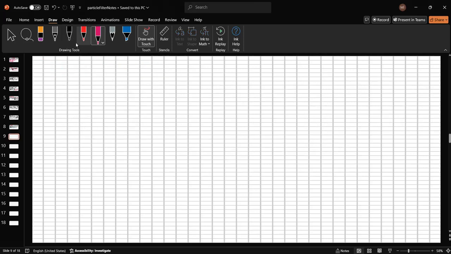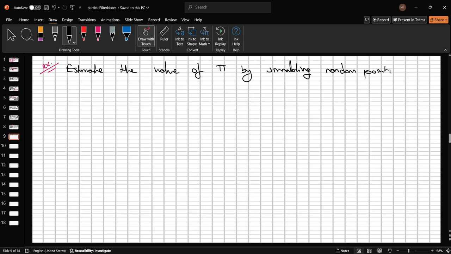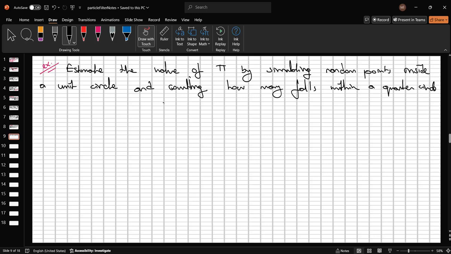There's a famous example about it: to estimate the value of pi by simulating random points inside a unit circle and counting how many fall within a quarter circle of radius 1.